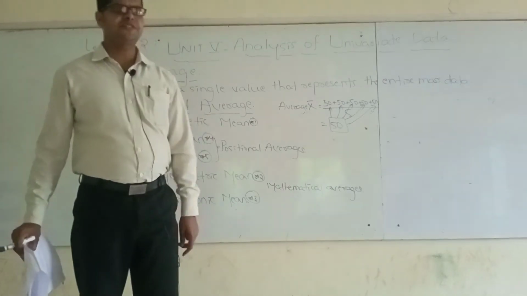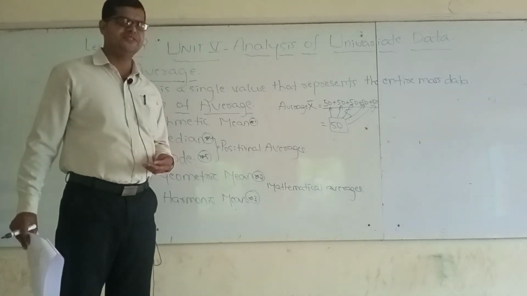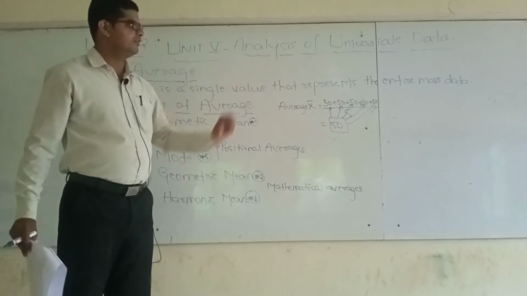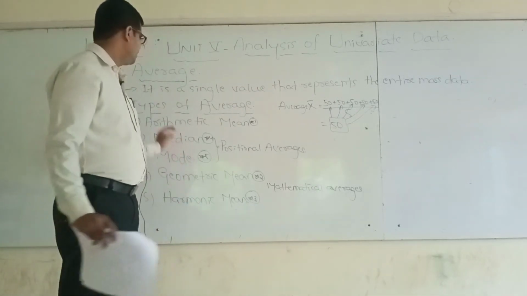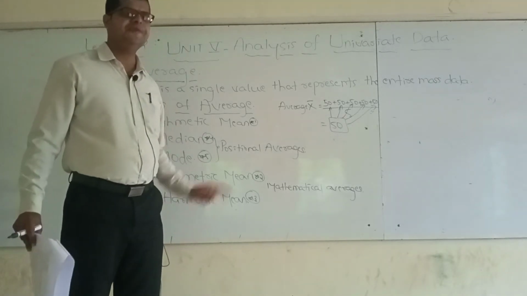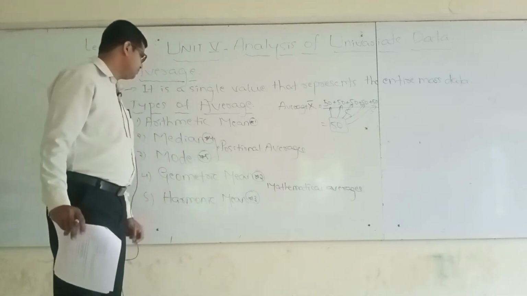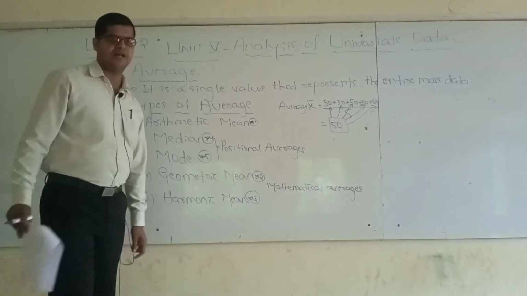For the time being, just remember we are discussing measures of central tendency, where we think of a central value which represents the entire mass data. In that we have taken one measure of central tendency, average, and in that average we have 5 different types: arithmetic mean, median, mode, geometric mean, and harmonic mean.